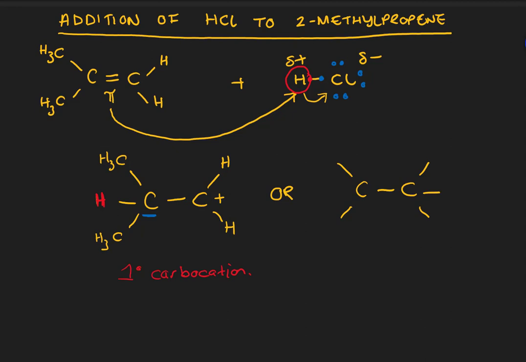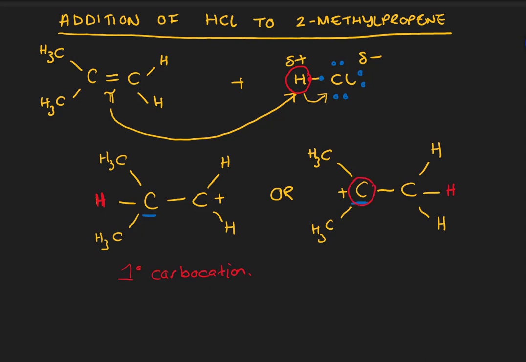We can also have our hydrogen join up on the other carbon, drawing the 2 hydrogens that are already there. So our hydrogen can go here. We fill in the rest of the structure, which would make this carbon on the left hand side our carbocation.